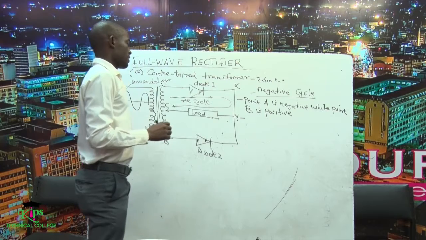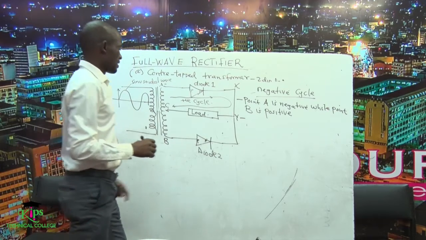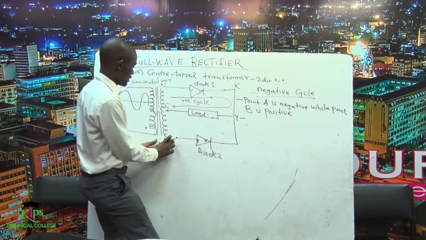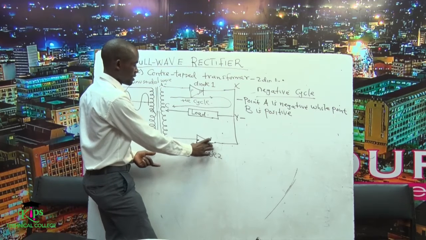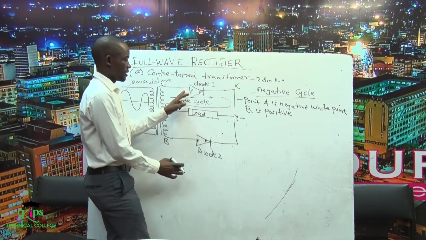The next point will be the status of the diodes. We have said this is positive, this is negative. If this is positive, this diode is forward biased, this one is reverse biased.